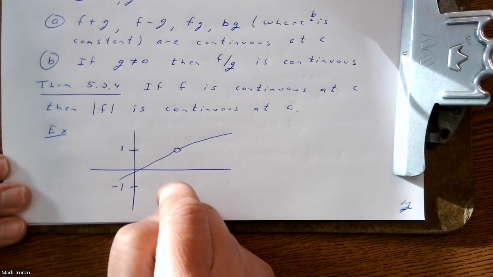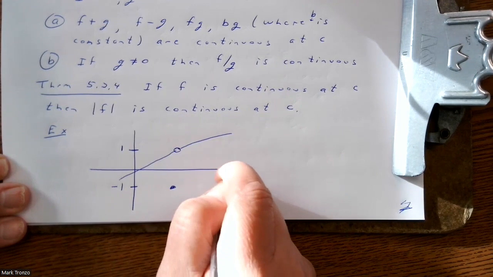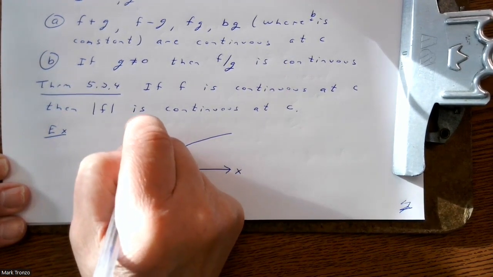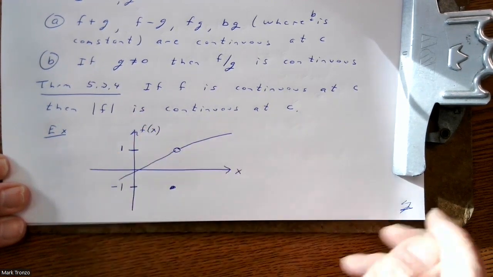And let's say this was -1. So this is our function. So you can see the other way doesn't necessarily work.